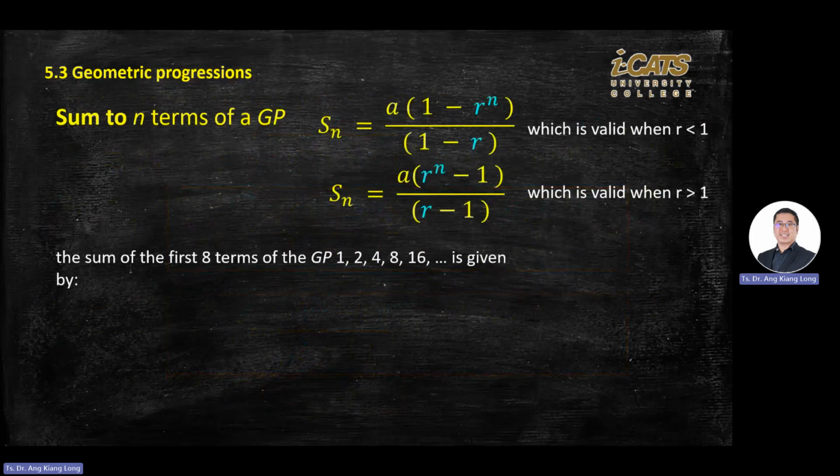Okay, so let's say we have a GP series 1, 2, 4, 8, 16, and the R is 2. So how do you test that R is 2? Again, take the second one divided by the first one, and you take the third one divided by the second one, and so on.